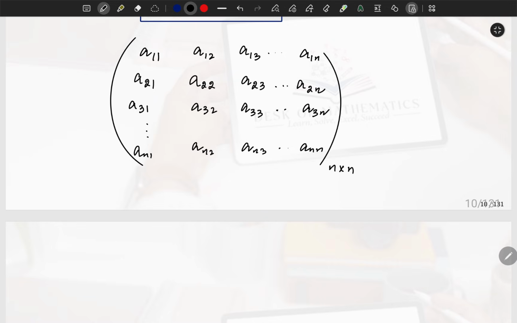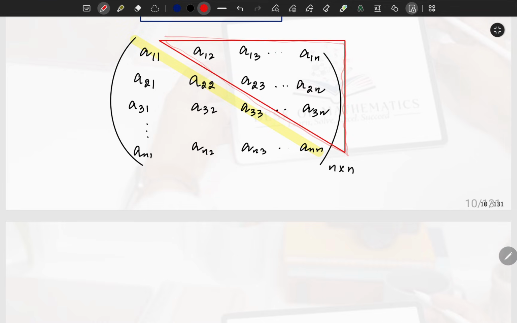Now, I already told you that these elements may be non-zero or zero, but if these elements are zero and these elements are also zero, we say it is a diagonal matrix.